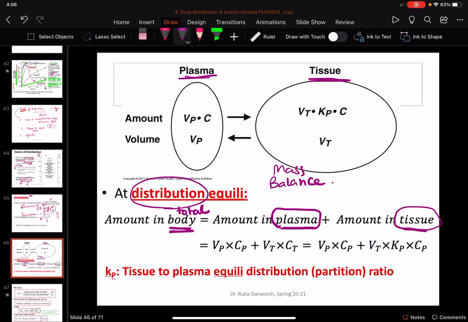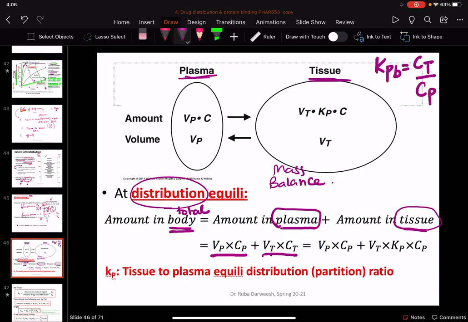So the amount in the plasma would be the volume of the plasma multiplied by the concentration in the plasma, plus the volume in the tissue multiplied by the concentration in the tissue. Okay, we mentioned that this partition equals concentration in the tissue over concentration of the drug in the plasma.